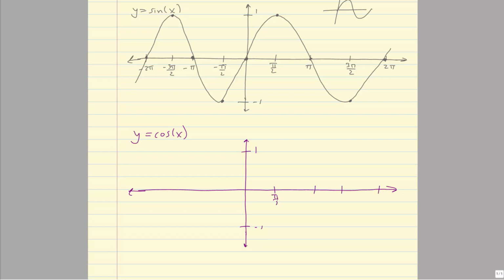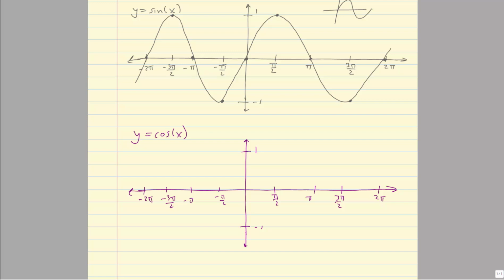So I have my quadrantal points at pi over 2, pi, 3 pi over 2, and 2 pi. And then moving in the negative direction, I'll have -pi over 2, -pi, -3 pi over 2, and -2 pi. Now the sine curve started at the origin, but the cosine curve starts up 1 unit.